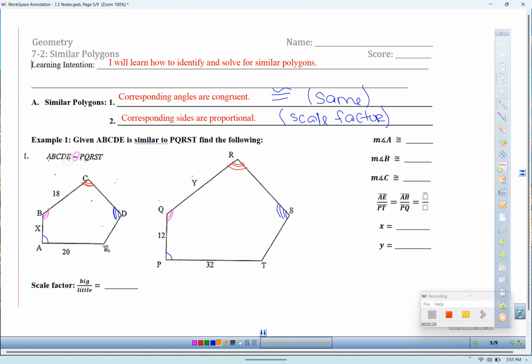My E, 1, 2, 3, 4, 5 arc marks, is in the same position as T.